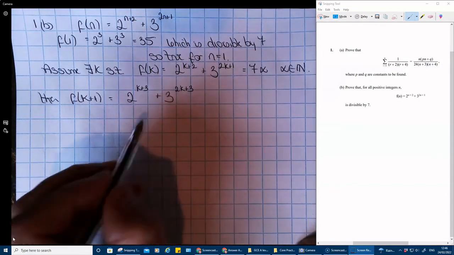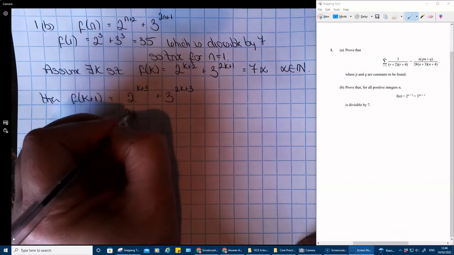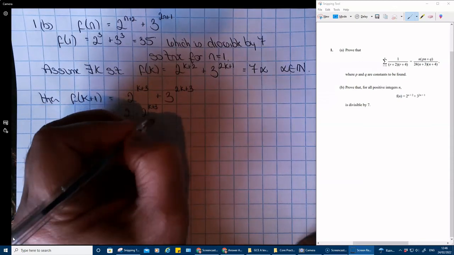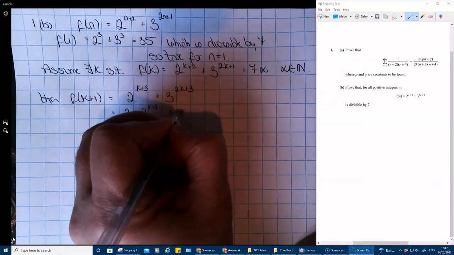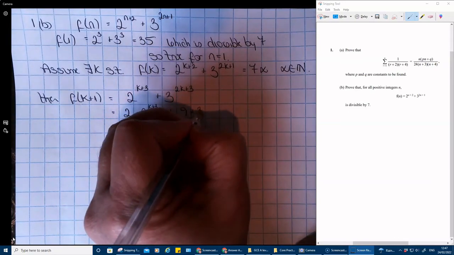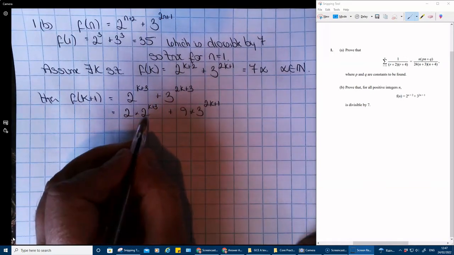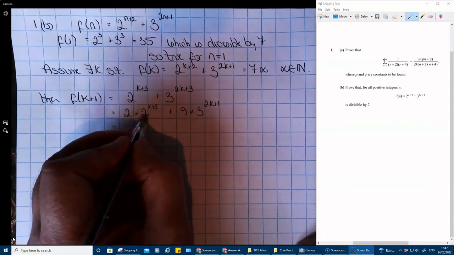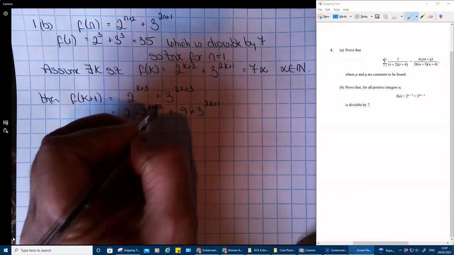I'm trying to show this is. So if I take the 2 out, 2 to the k plus 2, plus 3 squared, or 9, times 3 to the 2k plus 1. Now 2 to the k plus 3, sorry, 2k plus 2 that should be, apologies.